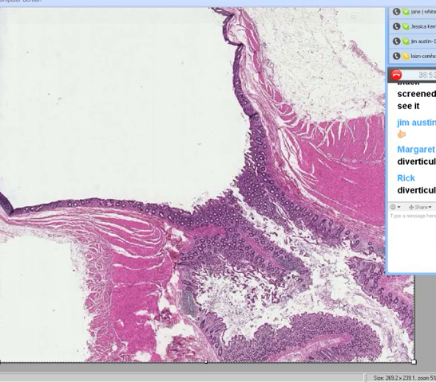Let's say that this is the real lumen of the colon down here in Florida, but then the whole Pacific Northwest is the lumen of the diverticulum. Well, remember, we said that the classical layers of a wall are mucosa, submucosa, muscularis, and then serosa or adventitia.